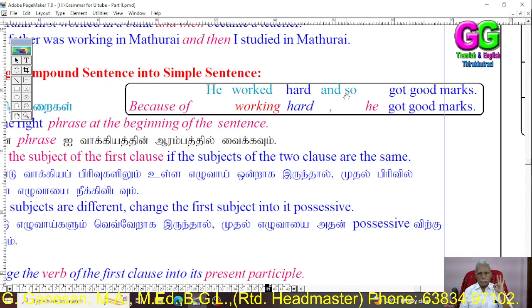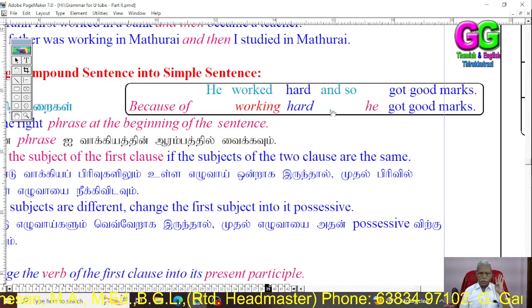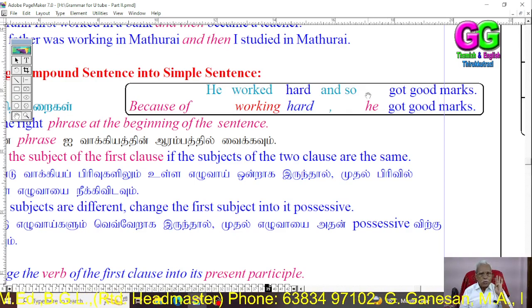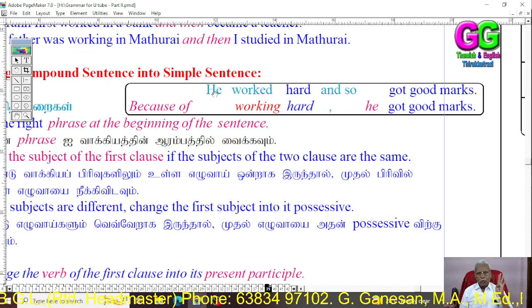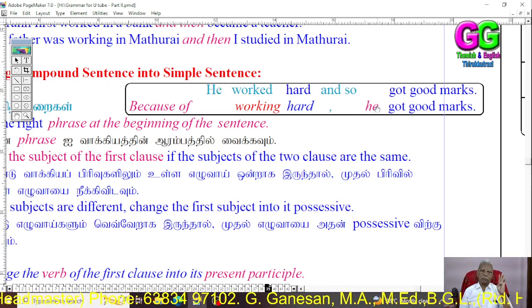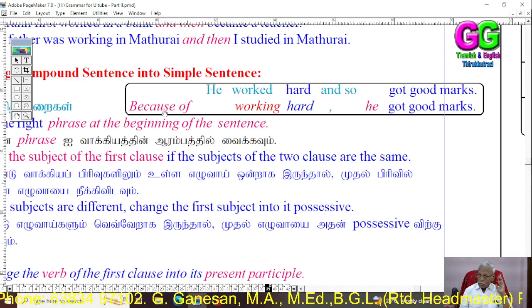So the and so has been replaced by a comma. Four changes. Then in the second clause there is no subject, so we have used the subject of the first clause here. That's five changes.